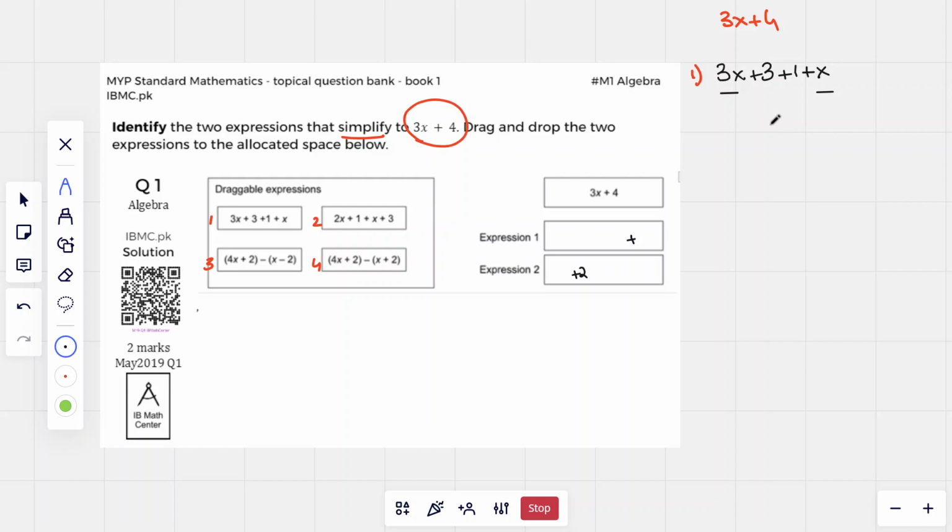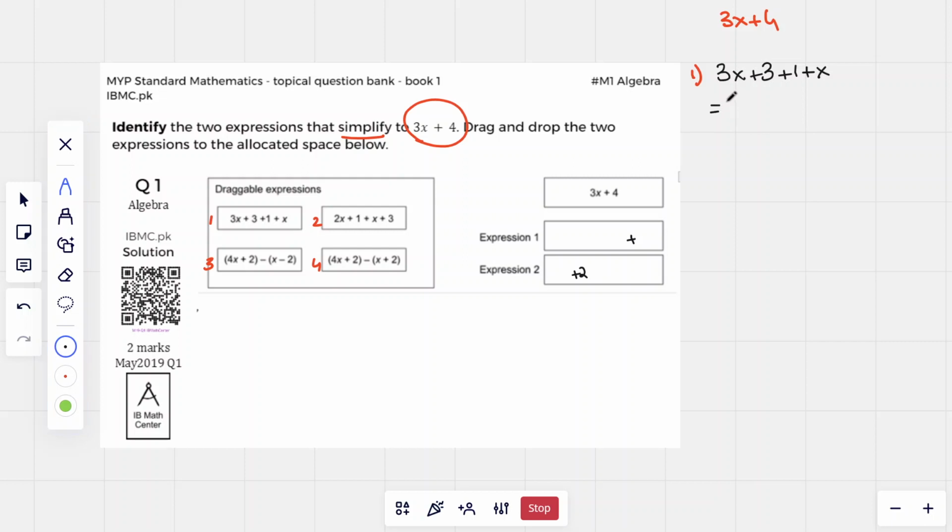For simplicity, let's imagine x represents apples. 3 apples plus 3, and then 3 apples plus 1 apple is 4 apples. So what I'm trying to teach you here is that terms or variables which are the same can be added, but they cannot be added to numbers.